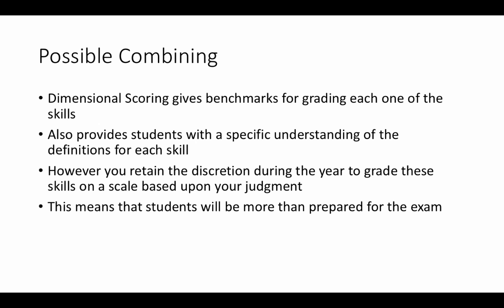You might end up giving them a point for providing some reasons for their examples, but when they come and challenge you and say, well, why didn't I get the 2 points? You can say, well, the reason why is you provided some reasons, but you didn't provide enough examples. You didn't provide the priority examples that we talked about in class. This really allows you to have the discretion to make qualitative judgments about what these skills are and whether or not the numerical weight has been achieved.